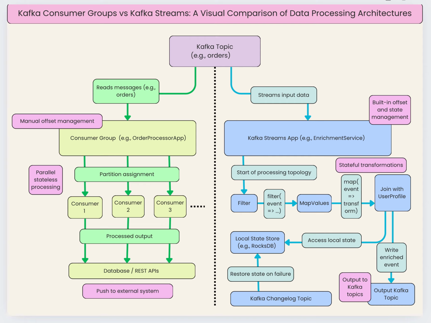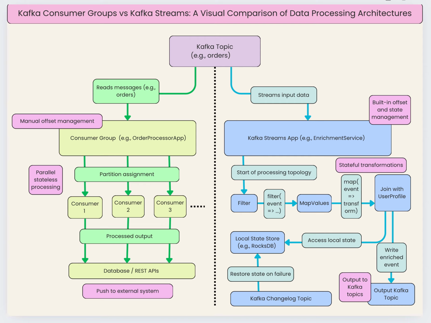For the processing model, Kafka consumer groups are stateless, but Kafka Streams is stateful with RocksDB. For output destination, Kafka consumer groups output to external systems, whereas Kafka Streams outputs to Kafka topics.